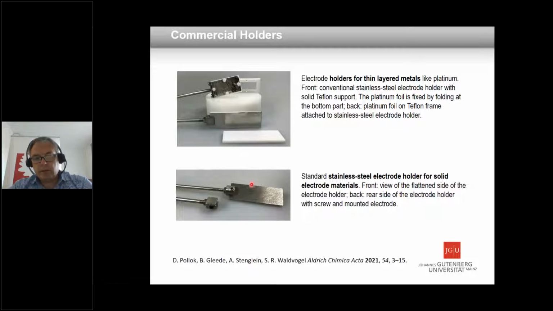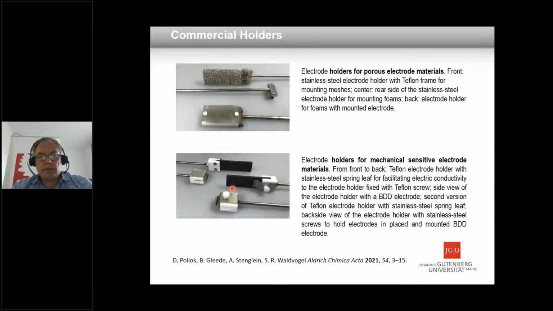If you have a solid electrode material like stainless steel, then you can just use it and fix it by the screw. This is quite easy to do. If you have a little bit more foamy stuff like nickel foam, then you need the holder, and you just put the screws through the foam, which gives you a good contact.